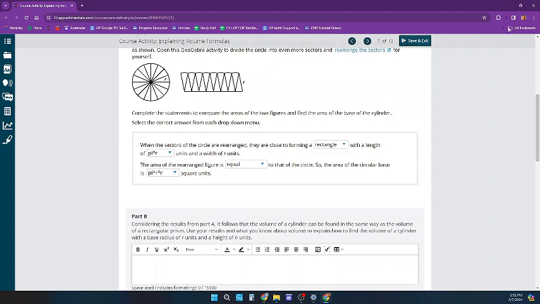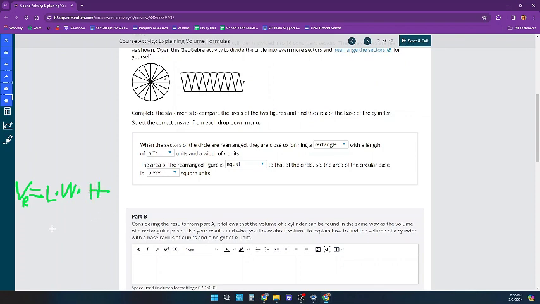So let's remind ourselves of what the formula for a rectangular prism is. The formula for the volume of a rectangular prism is, well, we'll get into the function in a bit, but it's length times width times height.